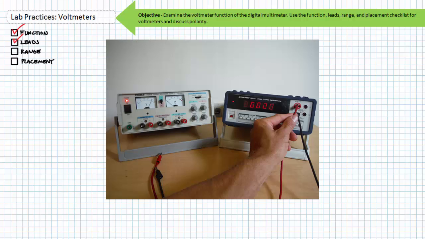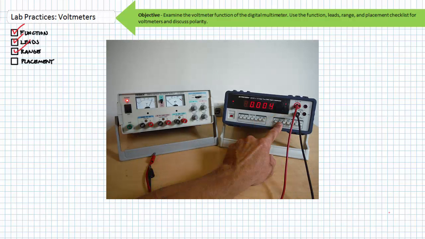Range. The BK Precision 2831D is a manually ranged meter. So prior to measuring something, we need to tell our meter in which range we'll anticipate results. The meter has the following ranges: 2, 20, 200, and 2000.